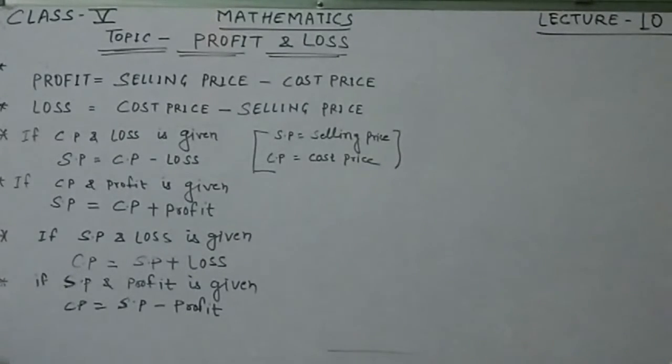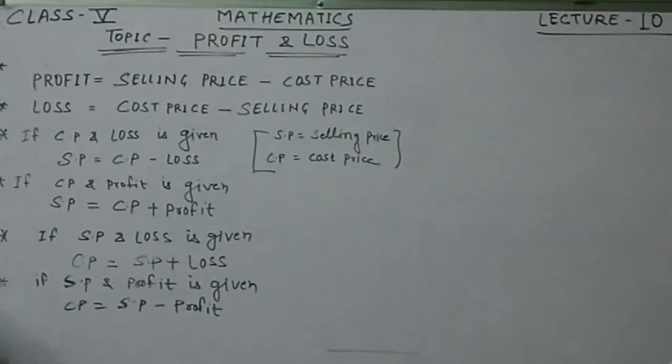Suppose you buy a copy for 15 rupees and sell it for 20 rupees, that time it is a profit. If the selling price is greater than the cost price, it is profit, and if the selling price is less than the cost price, it is loss.